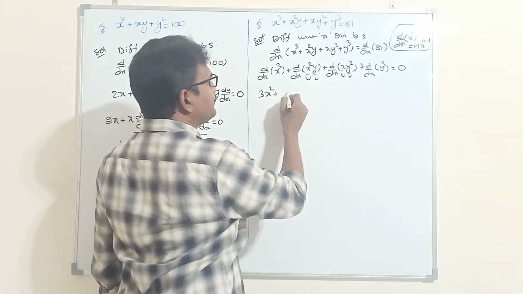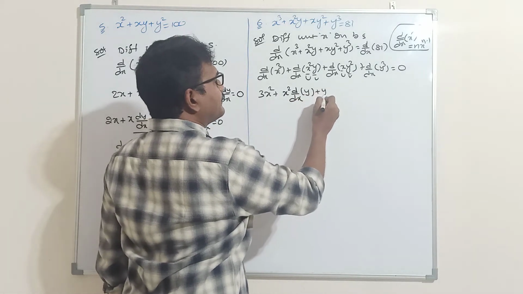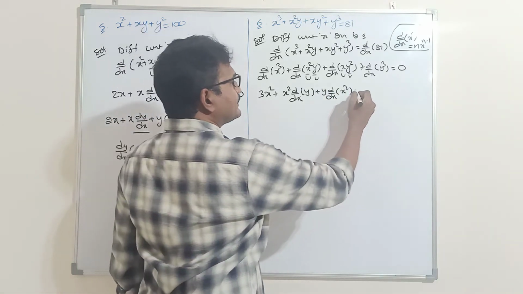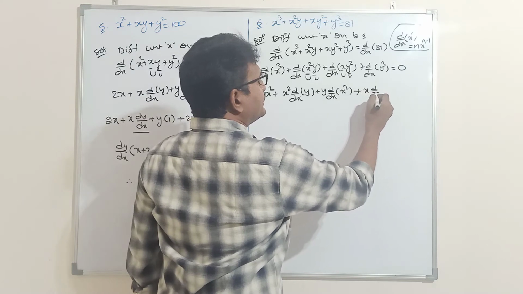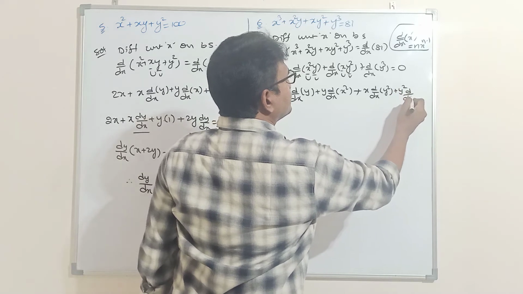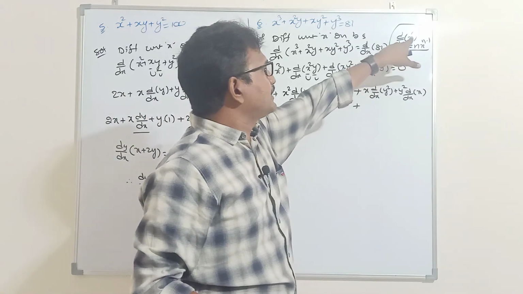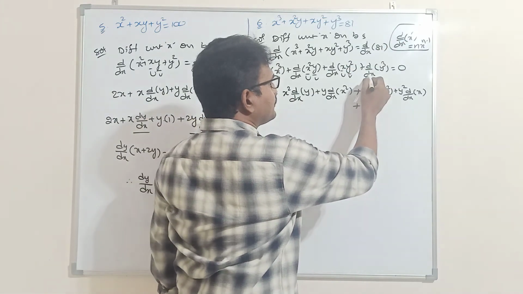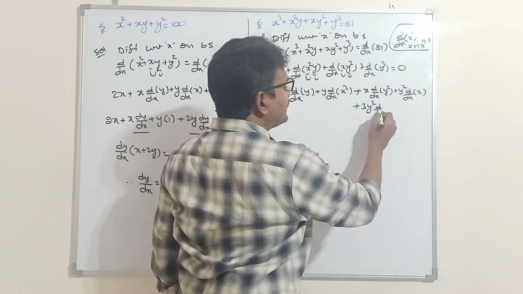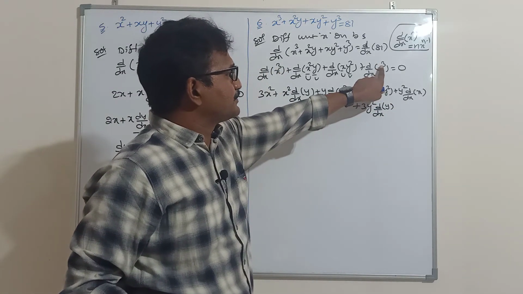So d by dx of uv means u into d by dx of v plus v into d by dx of u. Plus x into d by dx of y square plus y square into d by dx of x. Plus, derivative of x cube is 3x square, but this is not x cube, it is y cube. So assume y as x, then you get 3y square into d by dx of y, because y is the part you assumed as x.